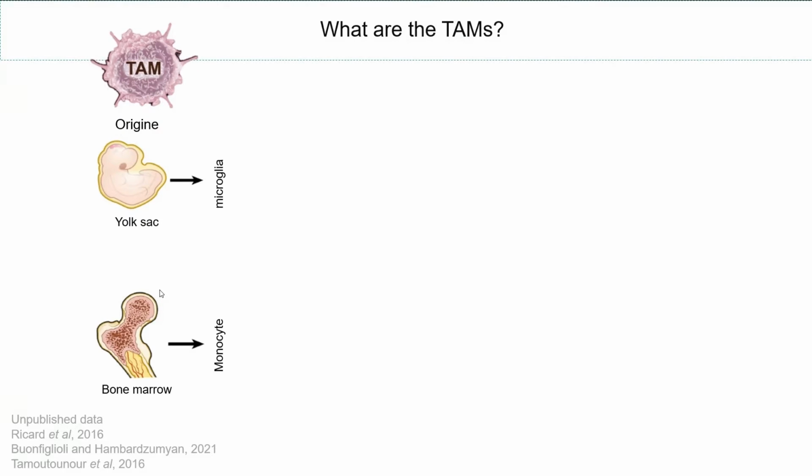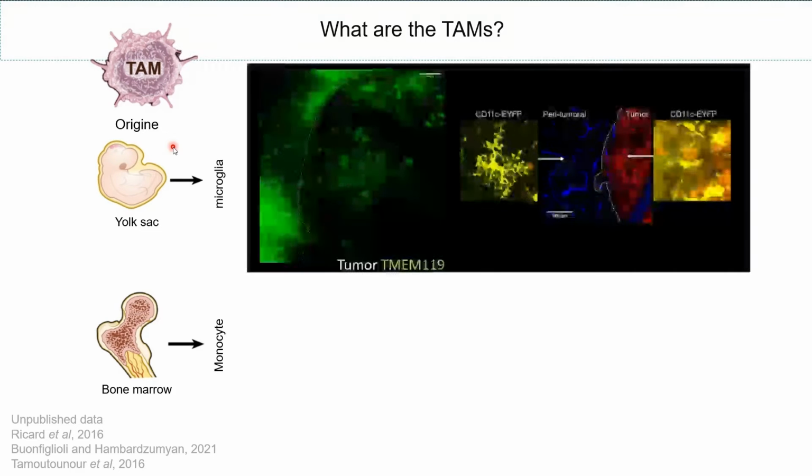So what are exactly these TAMs? As I told you, in the brain there is an immune-resident population, these microglia cells, which are derived from the yolk sac, and we can find also monocytes during tumor growth.